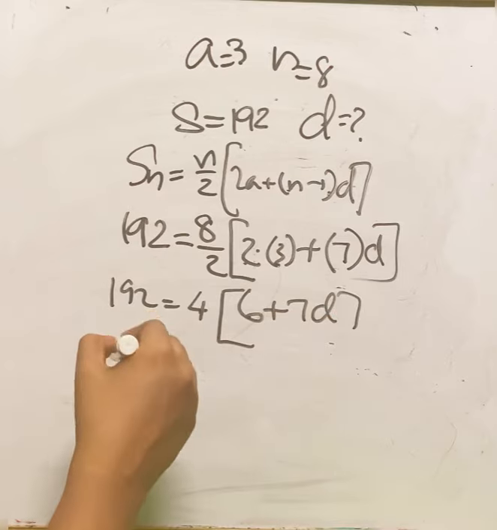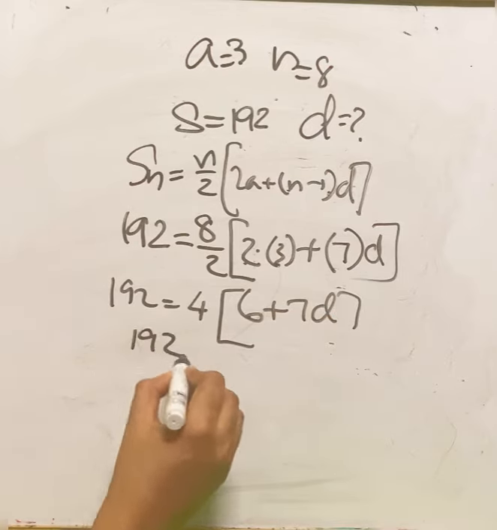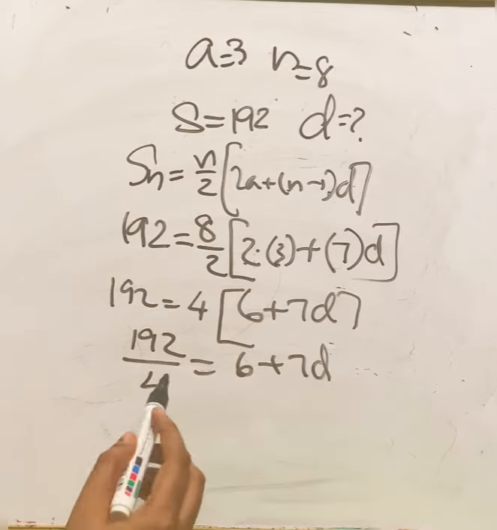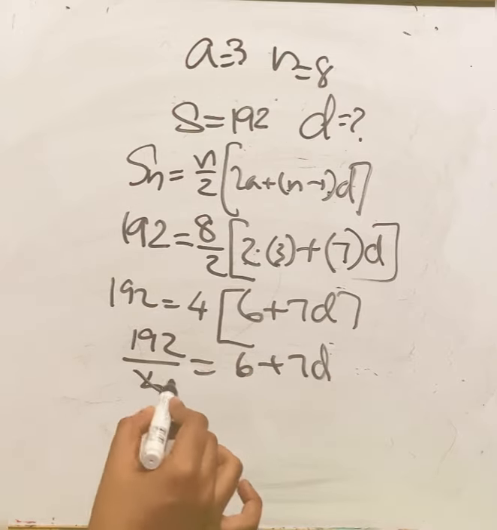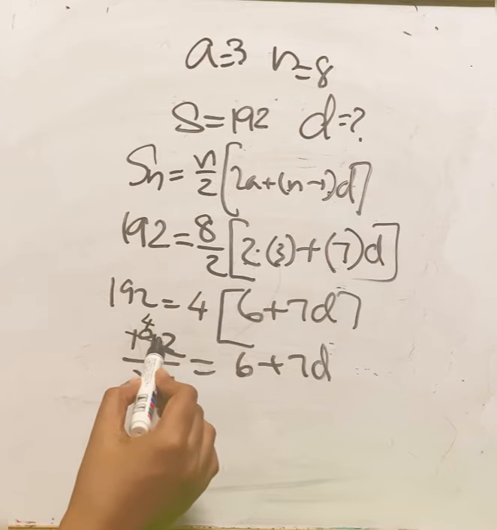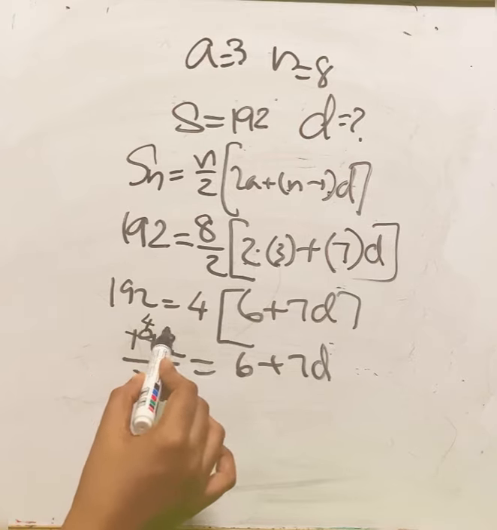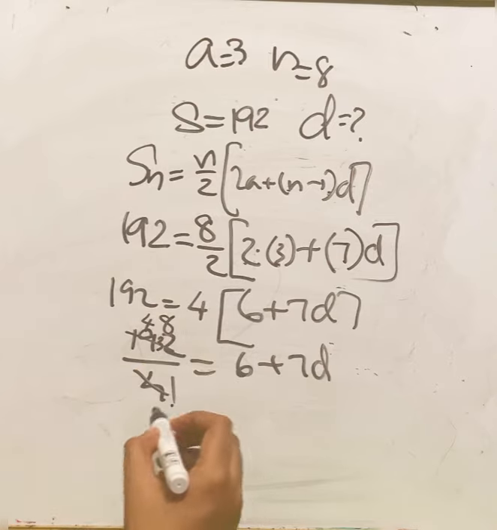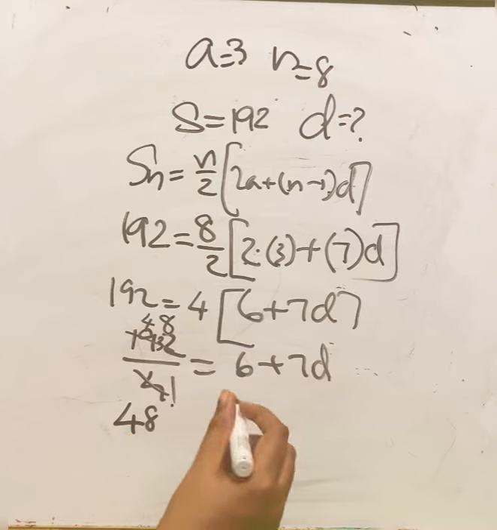Now take this 4 to the other side. 192 divided by 4 equal to 6 plus 7d. 192 divided by 4: 4 1s are 4, 4 4s are 16, balance is 3, and 8 4s are 32, so 48. So we got 48 equal to 6 plus 7d.